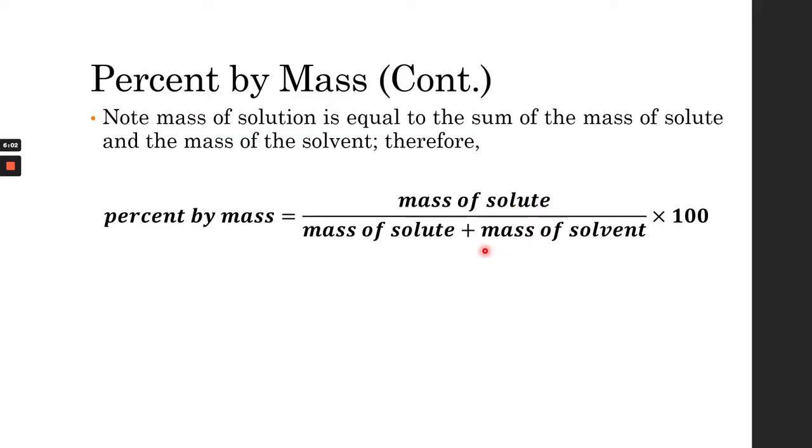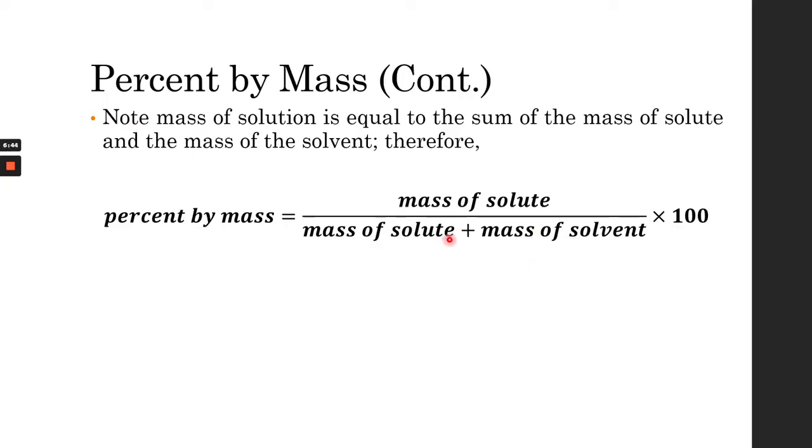Kumbaga, in your coffee, if you are drinking coffee, the solute is the coffee grounds or the coffee powder that you use, and the solvent is the water. And the solution that you end up getting is basically the coffee that you drink. So the mass of that solution is equal to however many grams of coffee grounds or coffee powder you put, plus the mass, again, not the volume, we're talking about grams, the mass of the solvent, or basically the hot water you use in your coffee.